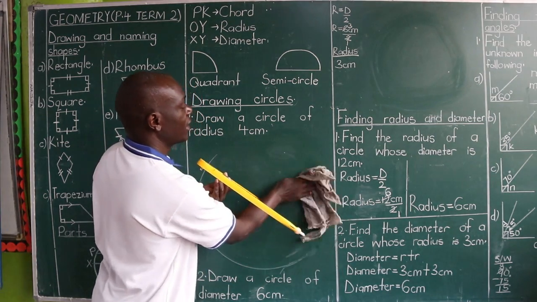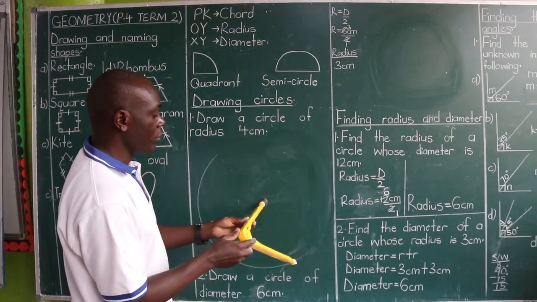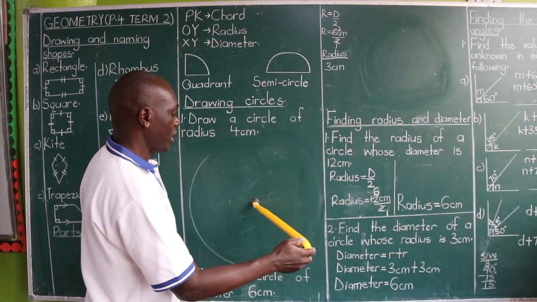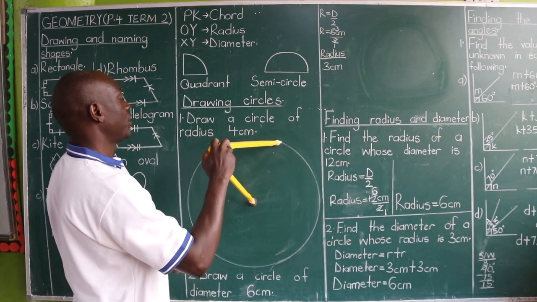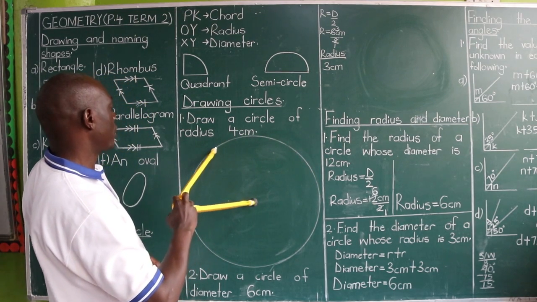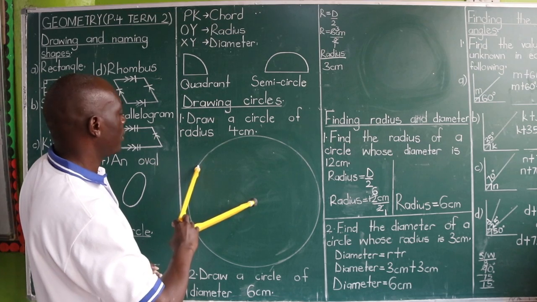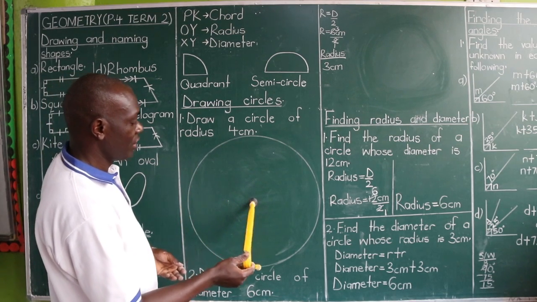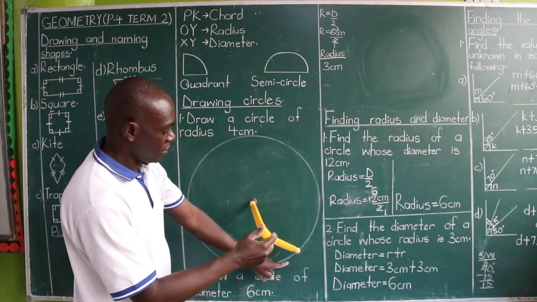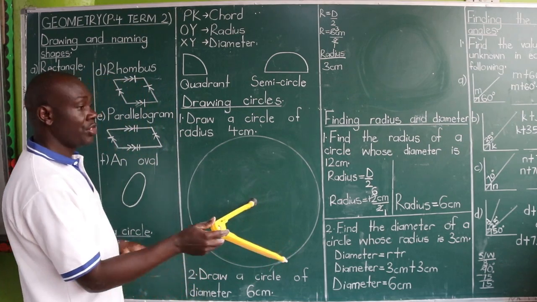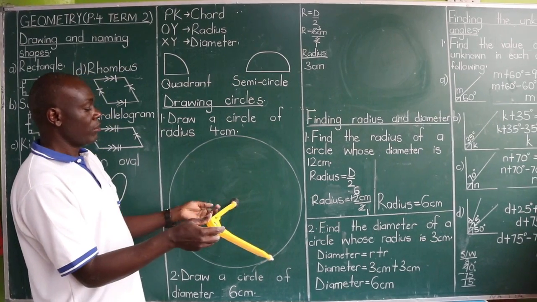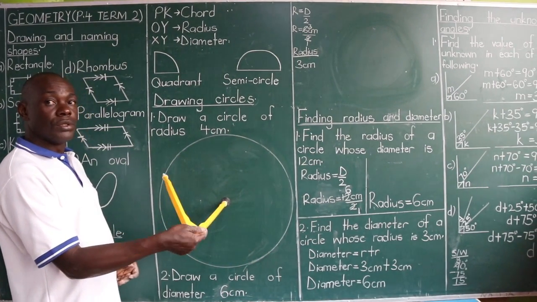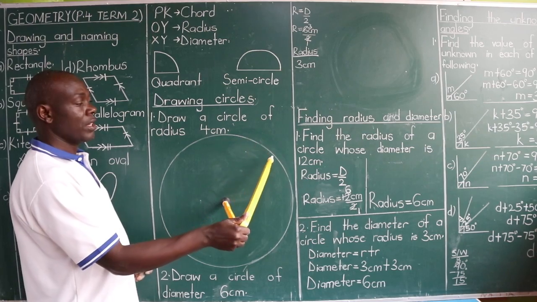Avoid rubbing. Mine moved, and it made a little error here. So if it doesn't move, you will be able to draw the required circle with ease. That is the circle that you are required to draw. Ensure the point of the pair of compasses is centrally placed without movement.